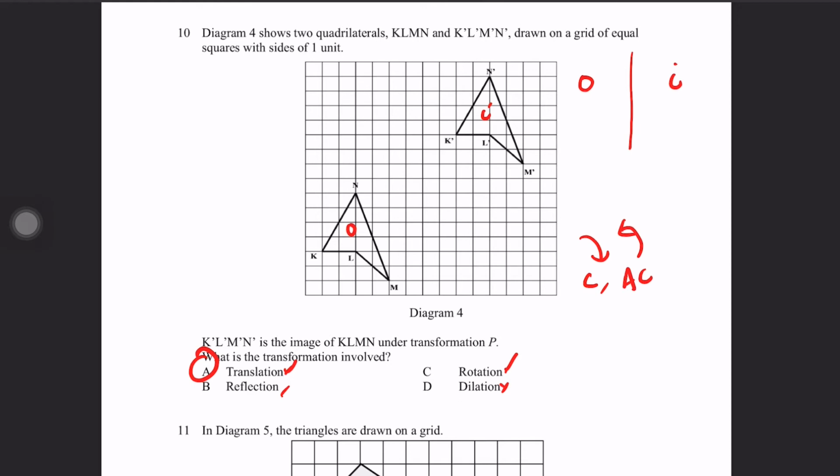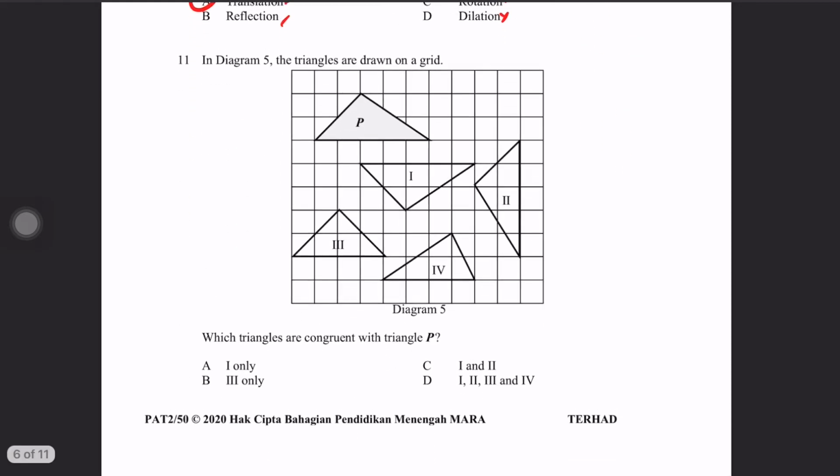Okay? Next, 11. Which triangles are congruent with triangle P?